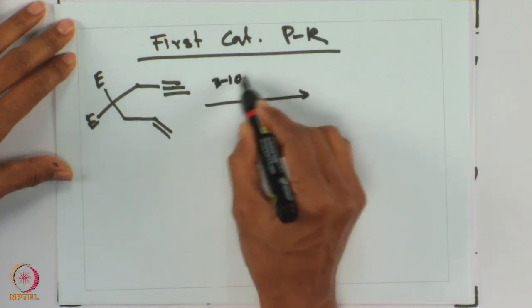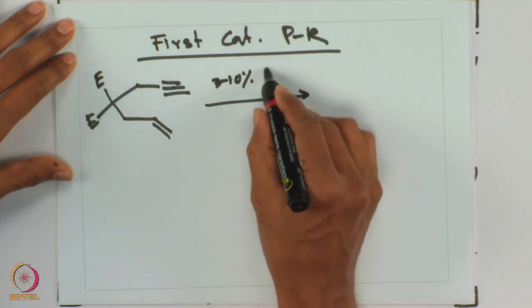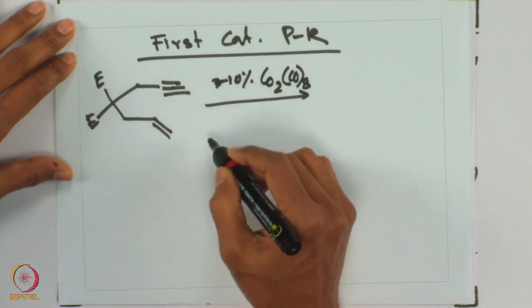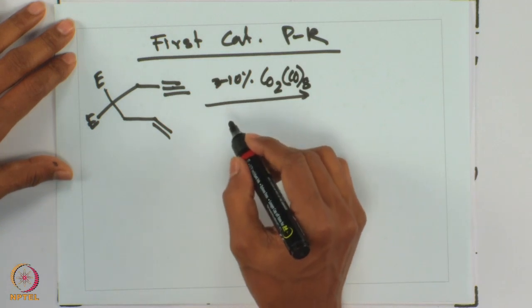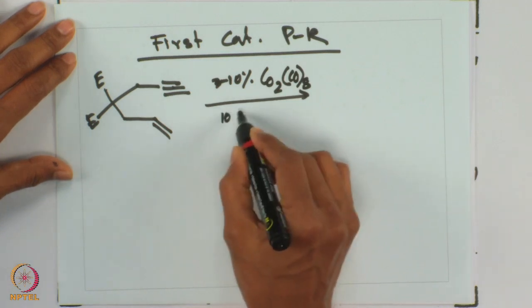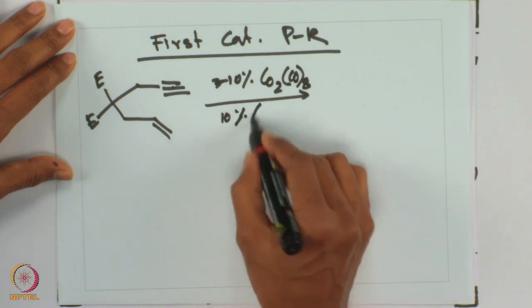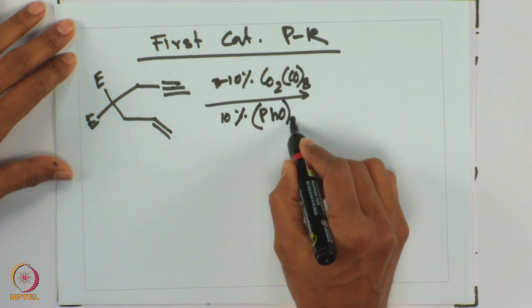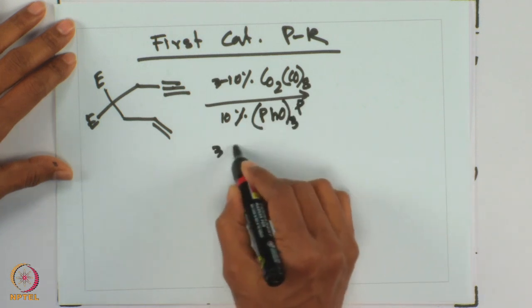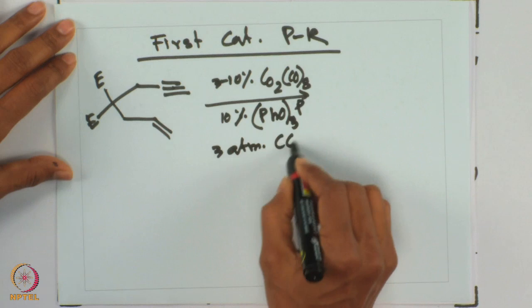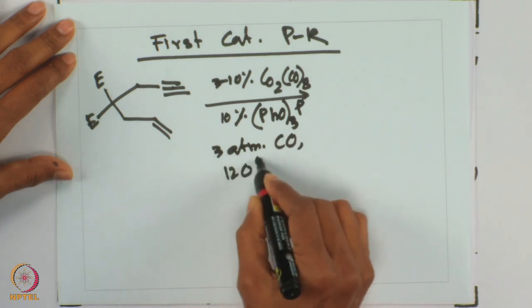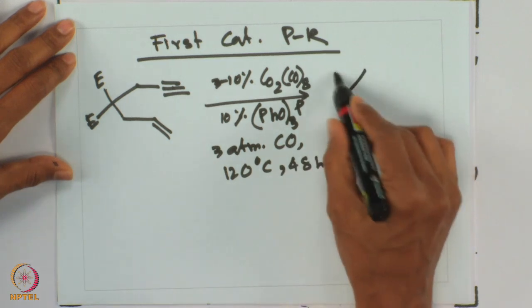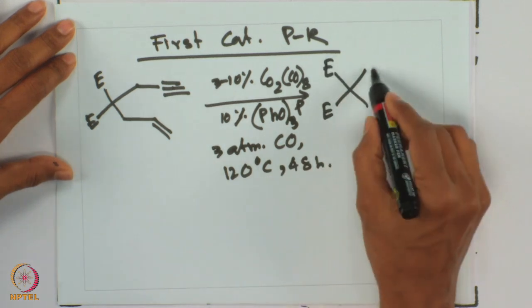Now, the catalyst that was taken is 3 to 10%, the first catalytic version, dicobalt octacarbonyl species, 10 mole percent of the ligand, that is the ether version of it, and 3 atmosphere pressure of CO, 120 degrees C in DME solvent, 48 hours and so on.